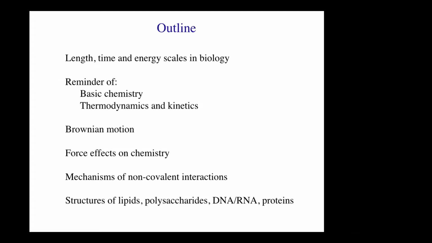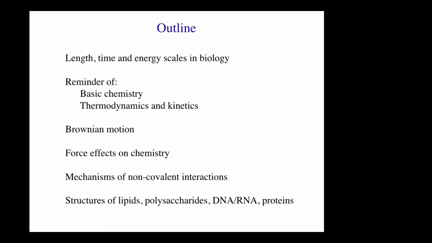And then I want to end, hopefully if there's time, by going over the mechanisms behind the non-covalent interactions. The part that's fairly straightforward to learn in biochemistry and cell biology is the covalent interactions that hold stuff together, right? That's what sequencing is all about. That's what mass spec tells you.